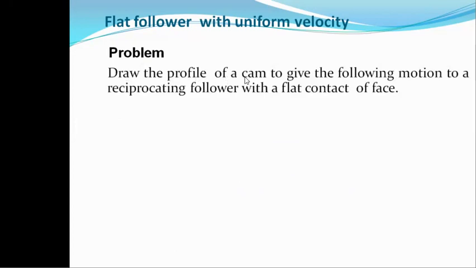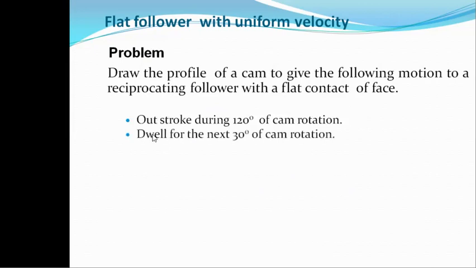Draw the profile of a cam to give the following motion to a reciprocating follower with a flat contact face, and having the following: outstroke during 120 degrees of cam rotation, and dwell for the next 30 degrees of cam rotation. Return stroke during 120 degrees of cam rotation.